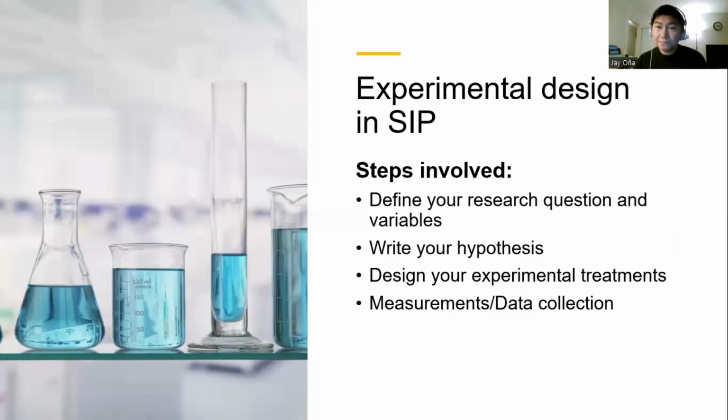So the experimental design has these following steps involved. So we first define the research question and the variables involved, and we write down the hypothesis.